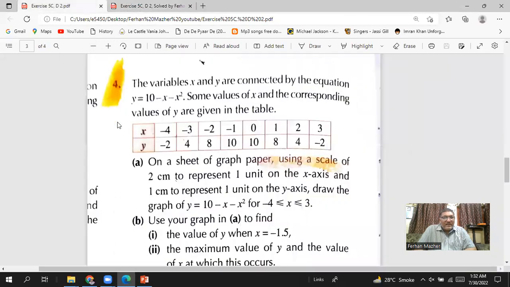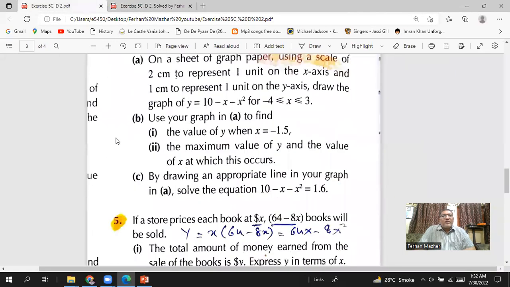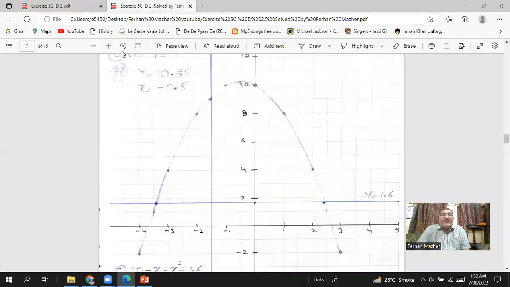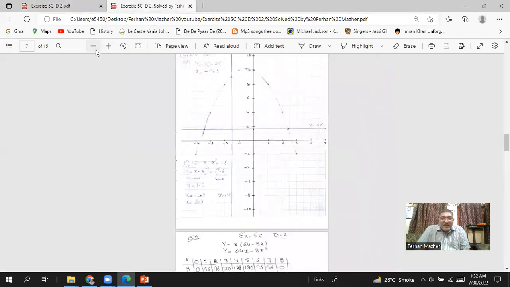So the next question they are asking is, use your graph in part a to find the value of y when x equals -1.5. So x equals -1.5 will be a vertical line passing through x equals -1.5. When it cuts your graph, we will check what the value of y is.